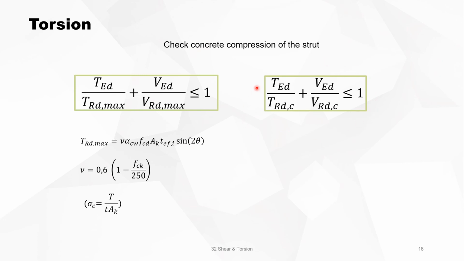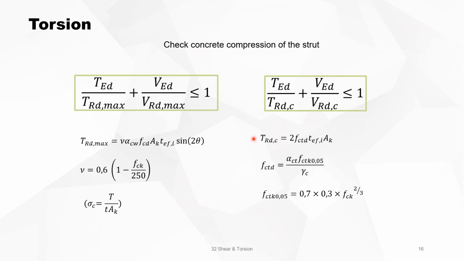And for the check if we need reinforcement, then we must check the equation that VEd must be smaller than VRd,c for the shear force, but now you have to do the check for both together at the same time. So this equation counts.